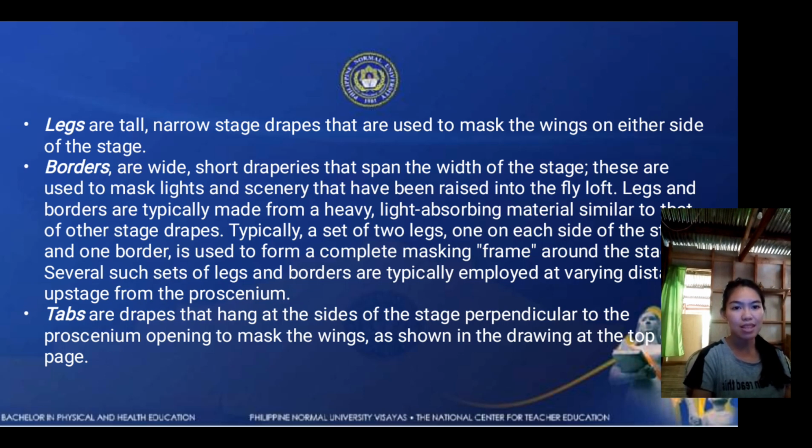Now, let's go to the tabs. These are drapes that hang at the sides of the stage, perpendicular to the proscenium, opening to mask the wings, as shown in the drawing on the top page. So, what I have shown you earlier, the tabs.